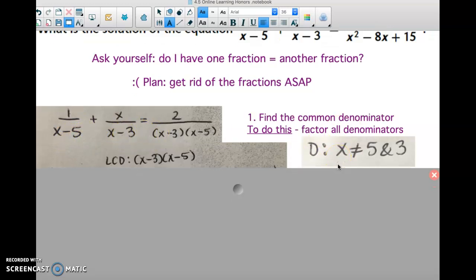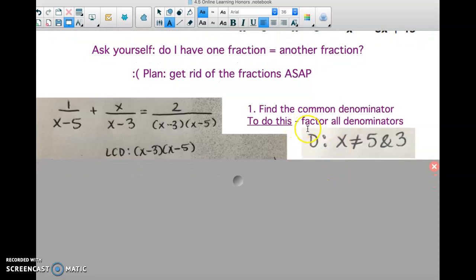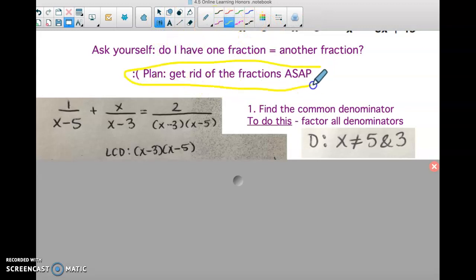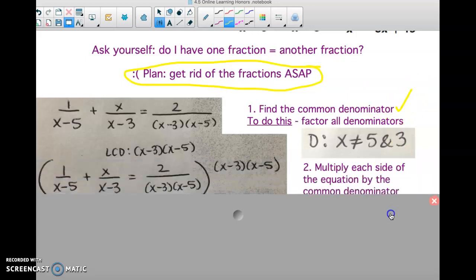Really important though. Once I have my common denominator, remember, my plan is to get rid of the fractions. And I'm going to use this common denominator to get rid of the fractions by, here's this new step right here. I need to multiply each side of the equation by the common denominator.